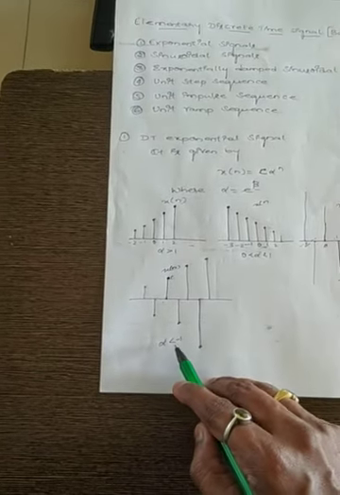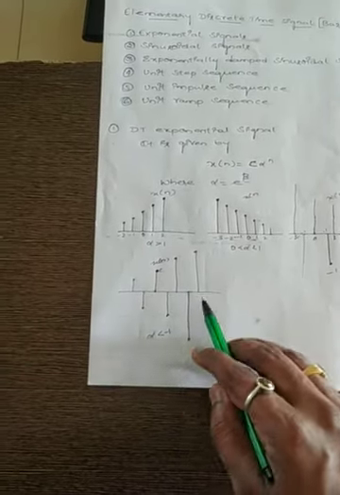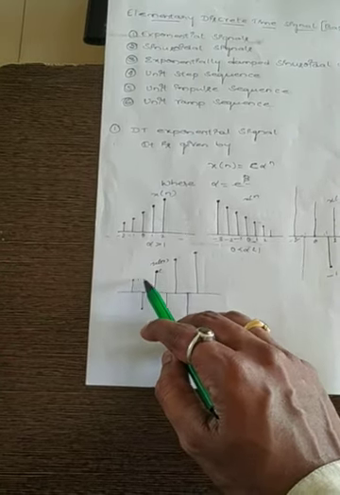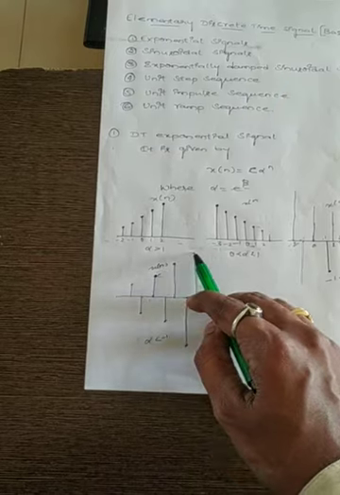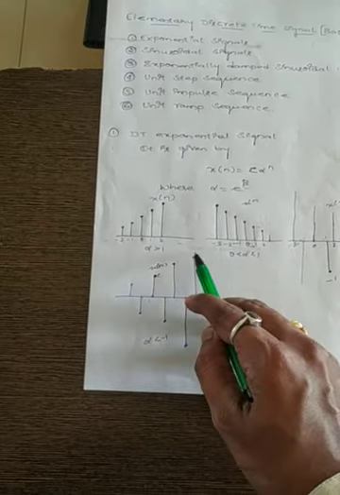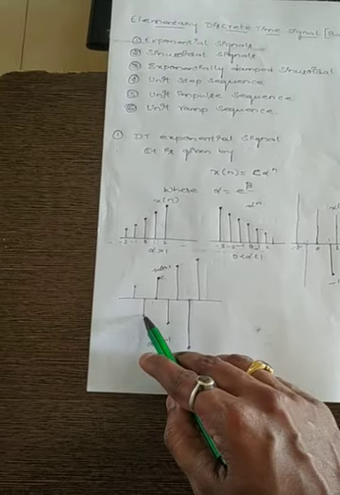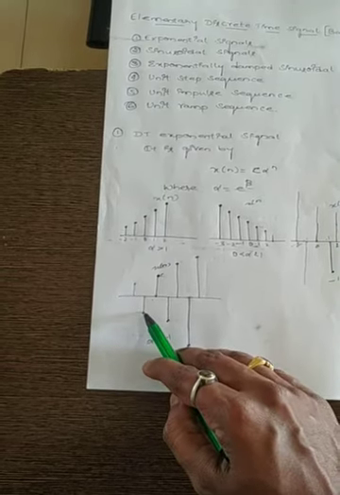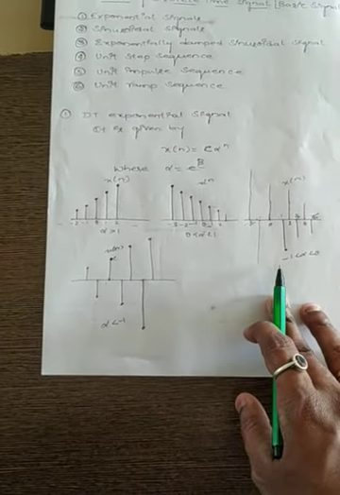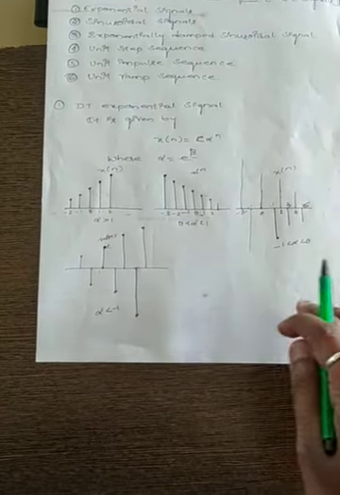And if alpha is less than minus 1, then it is a two-sided gradually increasing signal. You can have a look at this: at the positive axis it is gradually increasing, and at the negative axis it is gradually increasing. This is what the discrete time exponential signal is.